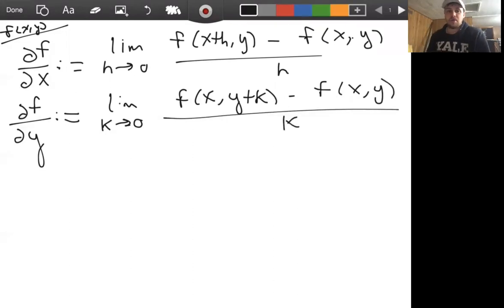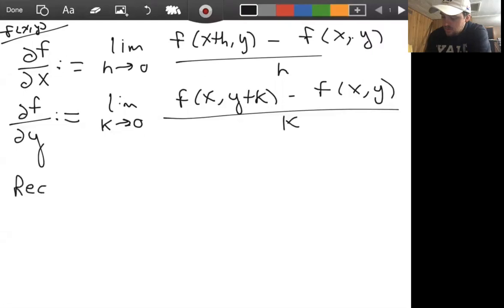Right, and remember, instead of using these as the working person's definition of derivative, what we can do is adapt a lot of our derivative rules from the single variable setting to help us actually compute derivatives much faster.